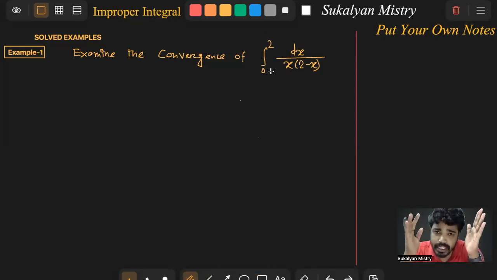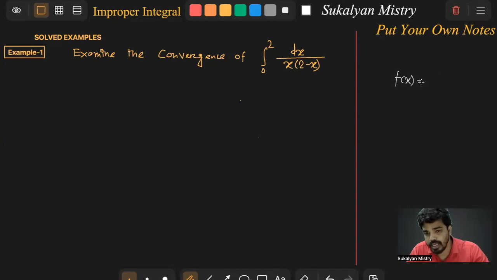And what is the integrand? Here f(x) is 1 divided by x into 2 minus x, right? What is the interval? The interval is 0 to 2.